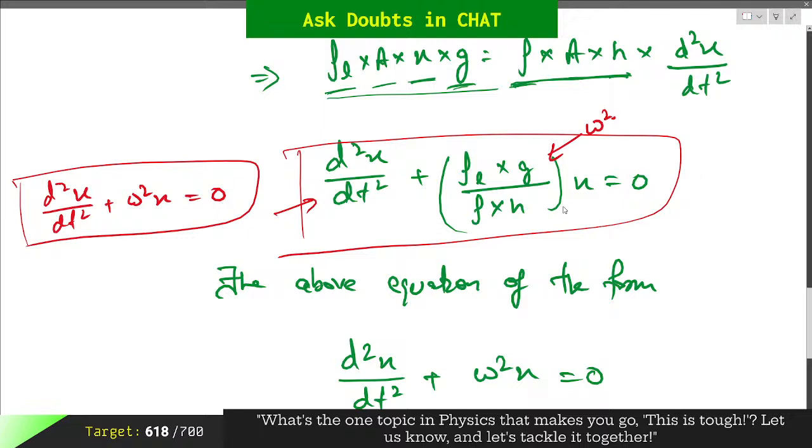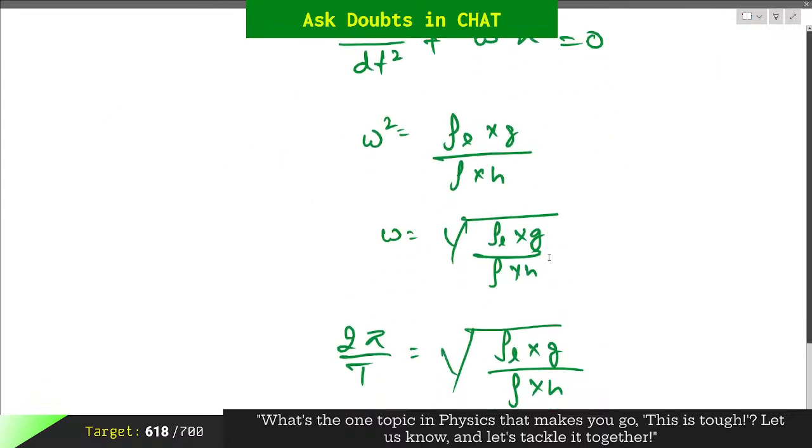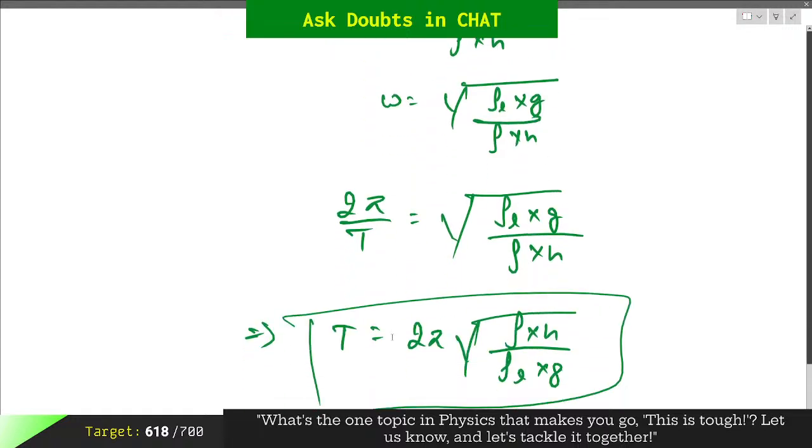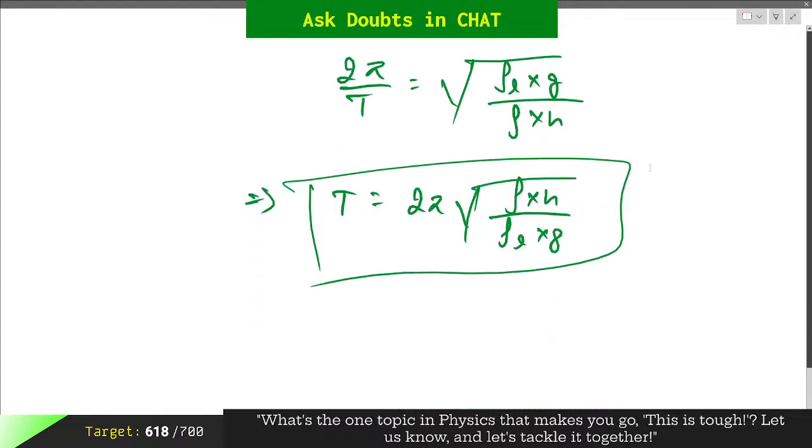Whatever the coefficient of x is, we term it omega square, where omega is the angular frequency. Relating it with the general equation, we find omega equals under root rho L times g divided by rho times h, which gives the time period as 2 pi times root under rho times h divided by rho L times g.